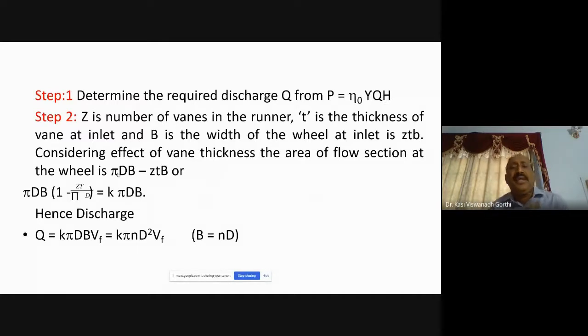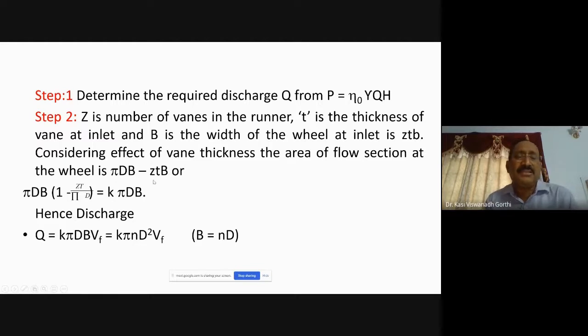So T into B is the area blocked, area obstructed for the flow. There are Z number of such vanes. So you have Z multiplied by T into B is the area which is blocked or obstructed all through the periphery of the runner. So the total peripheral area minus area blocked would give you the net area of flow through which the flow may be taking place.